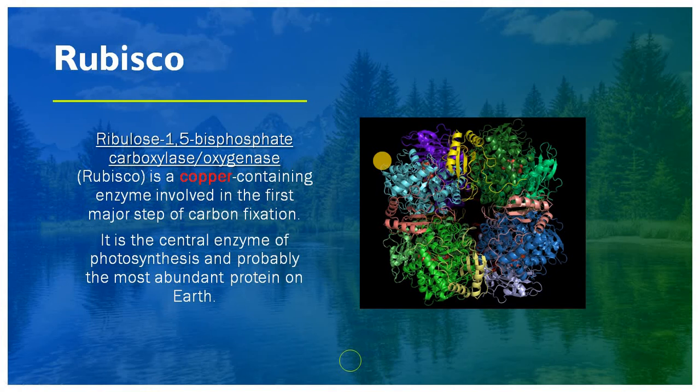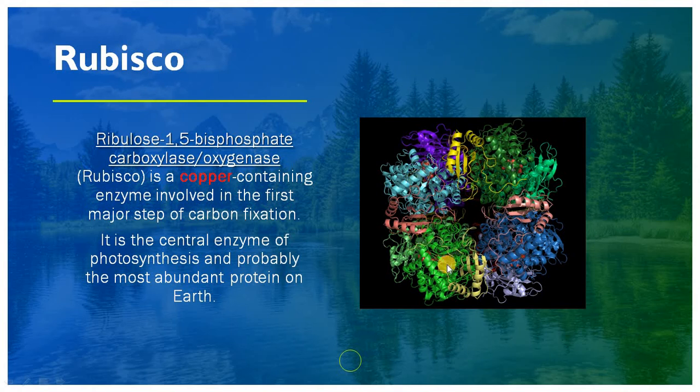And the enzyme that is responsible for fixing carbon is called Rubisco. It stands for ribulose 1,5-bisphosphate carboxylase oxygenase. So it means that it can absorb both carbon dioxide and oxygen. We will talk about this in plant physiology in detail, but it's a very complex, most abundant protein on Earth.